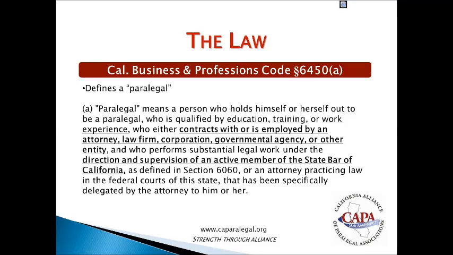In the 90s it became the goal of the California Alliance of Paralegal Associations to get this law in place, and it took a significant amount of time. The originators of CAPA lobbied for 6450, and it was passed in 2000 by Governor Gray Davis, codified in 2000 and made effective in 2001.